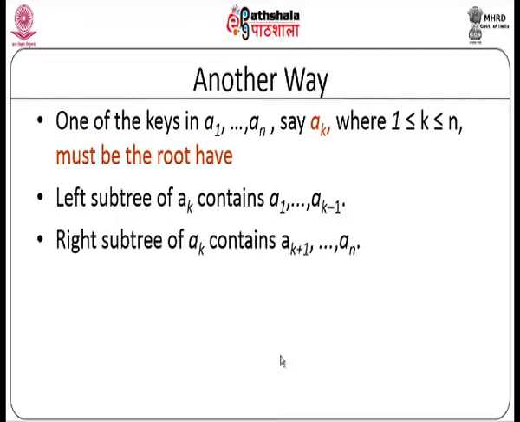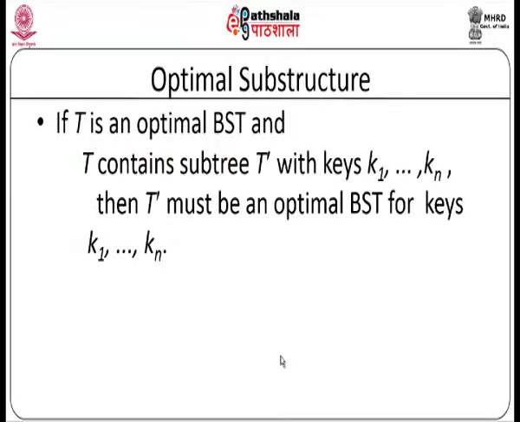Similarly, the right subtree of A k is going to contain the keys A k plus 1, A k plus 2, and so on up to A n. So, in other words, we can construct the tree using the arbitrary A of k, and we can find the cost.